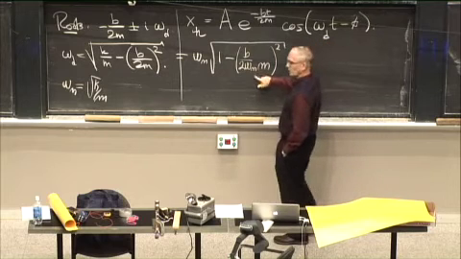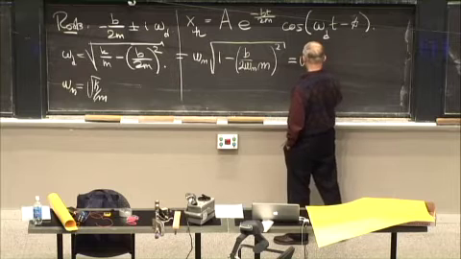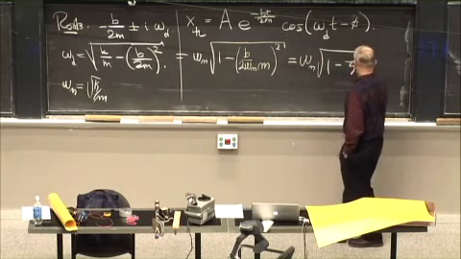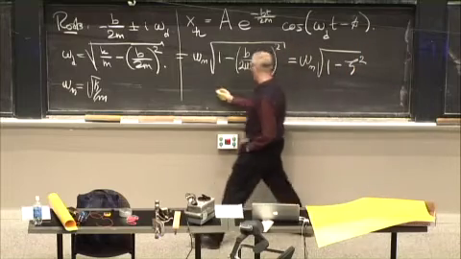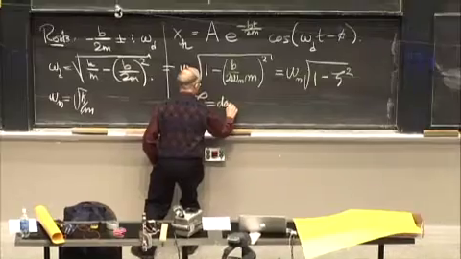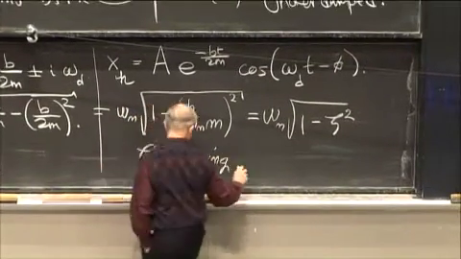And I have a name for this. This is also omega n times the square root of 1 minus zeta squared. And this zeta, then, is this quantity, and it's known as the damping ratio.